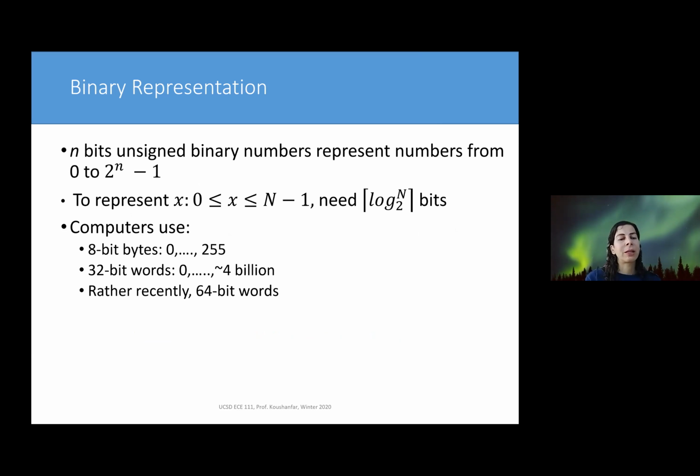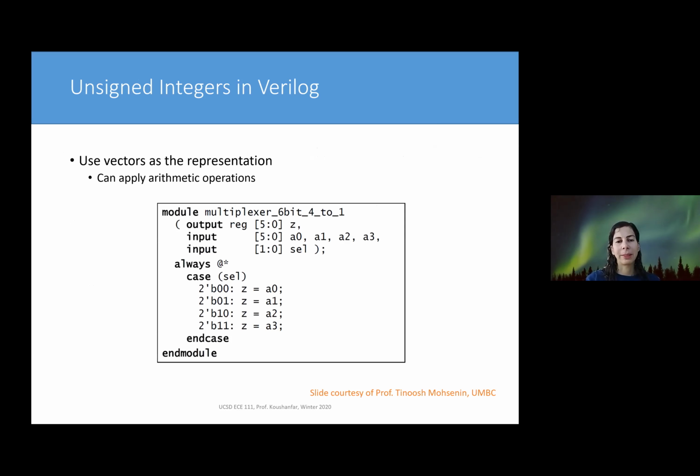So if we have 8-bit bytes, like in a very old microcontroller, it could represent numbers from 0 to 256. With 32-bit words, we could represent up to 4 billion, and with 64-bit words, we could represent up to 2 to the power 64 minus 1.